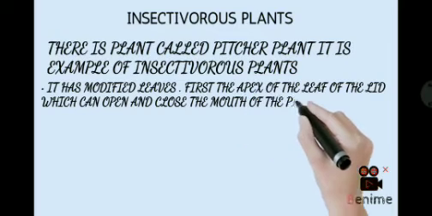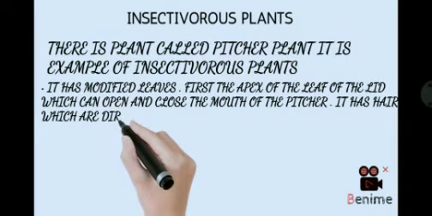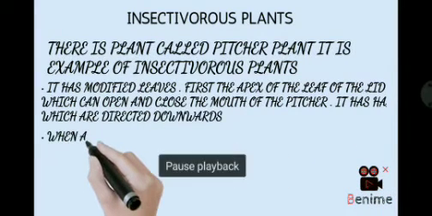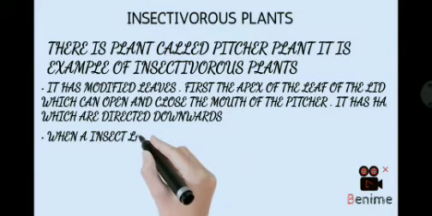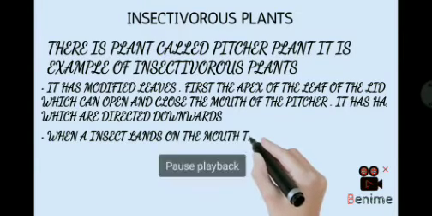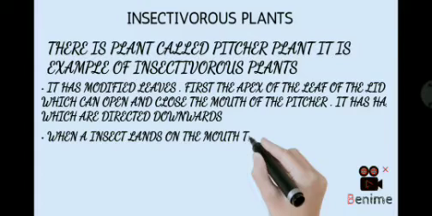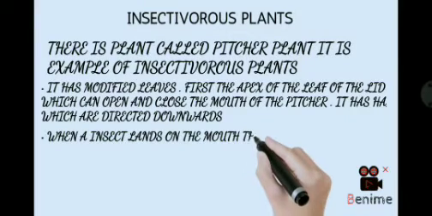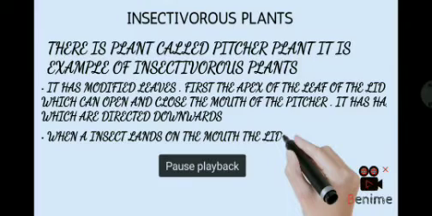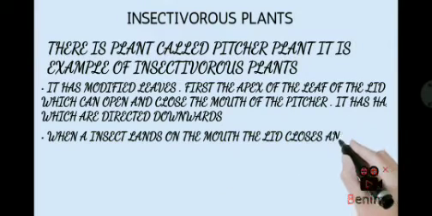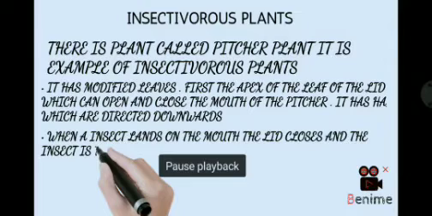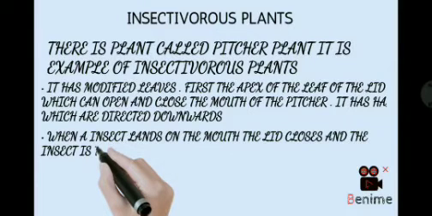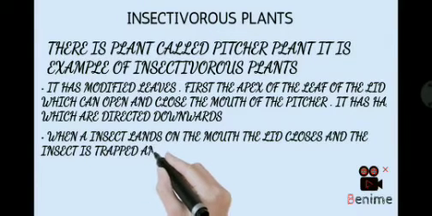It has modified leaves. First, the apex of the leaf is a lid which can open. The lid is its mouth, which opens and closes, and it has structures directed downwards. They open their mouth, and when an insect lands on that lid, the lid automatically closes by itself and the insect is trapped inside.